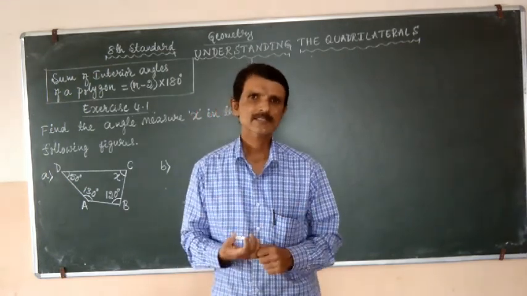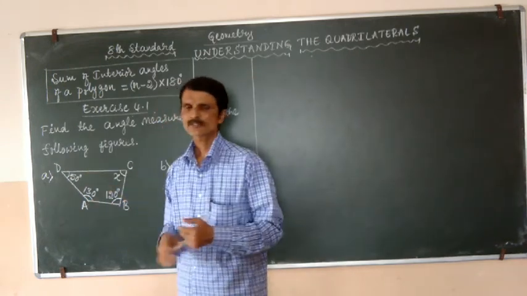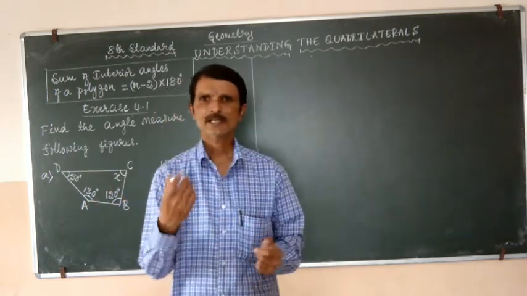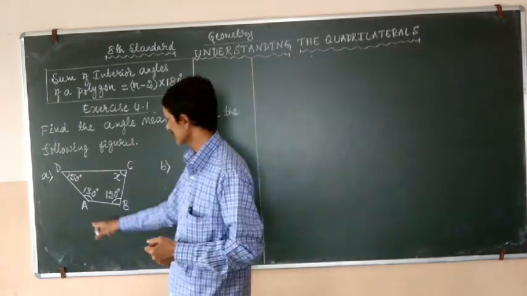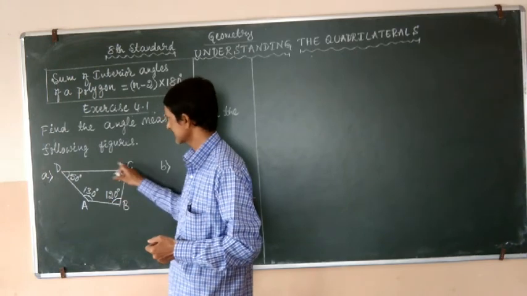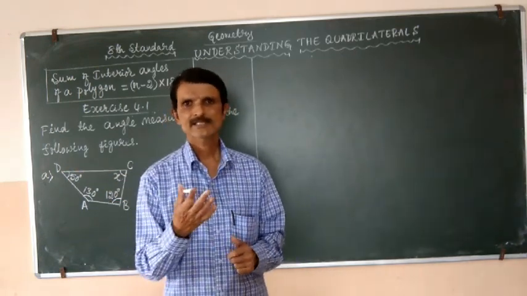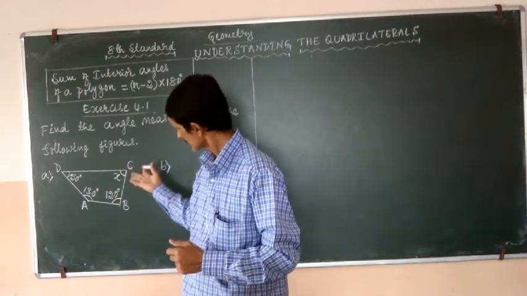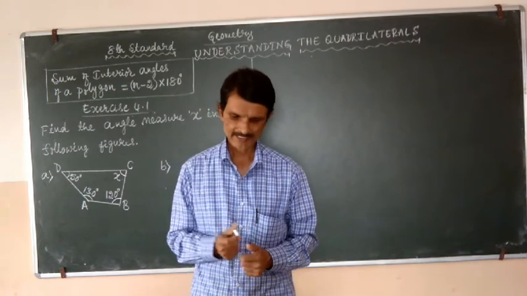If you name each vertex, it will help in identifying the angles. So ABCD is a type of quadrilateral.